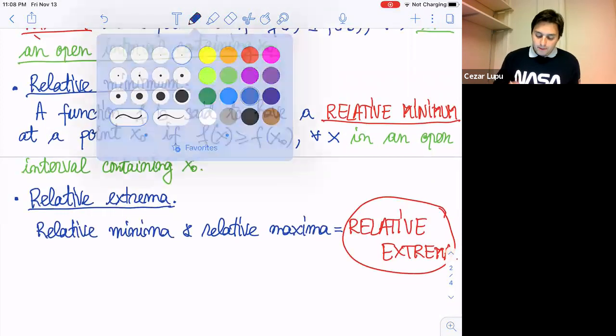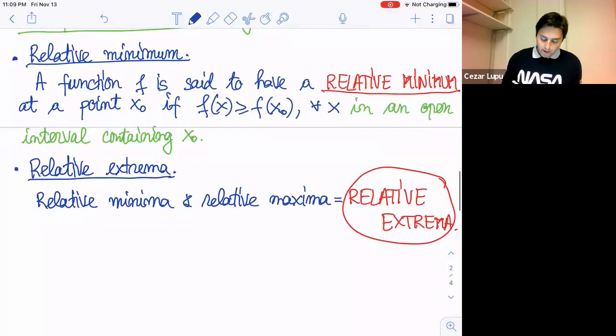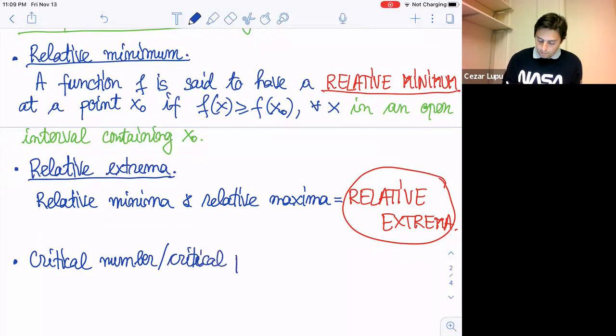Now, I would like to say a few words about critical number and also critical point. Now, suppose f is defined.